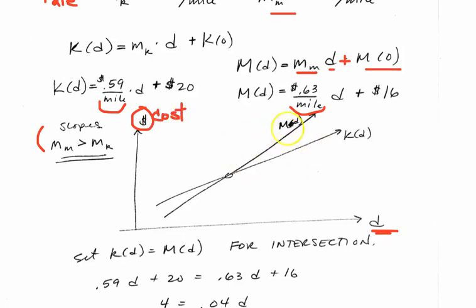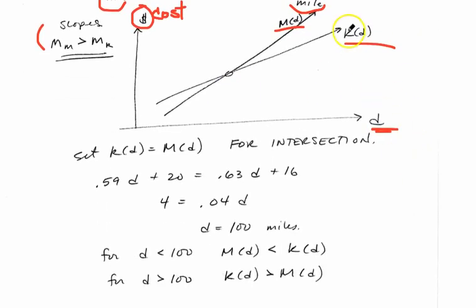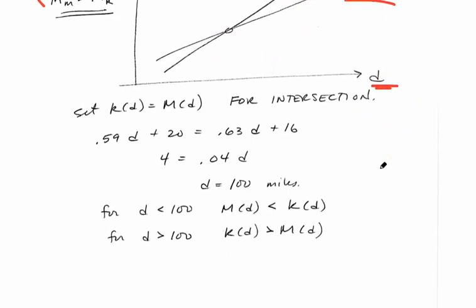And so on this plot, we've got two different lines. We've got one for K and one for M. So initially, when you have a distance of 0, the K company costs more. It's going to be 20 versus 16. But as you add miles, then K decreases relative to M because of the rate involved.